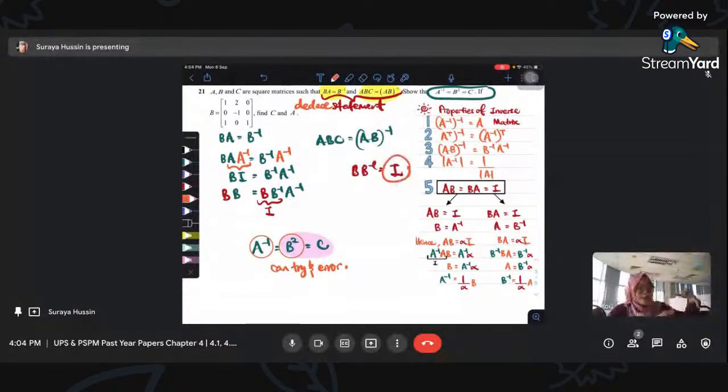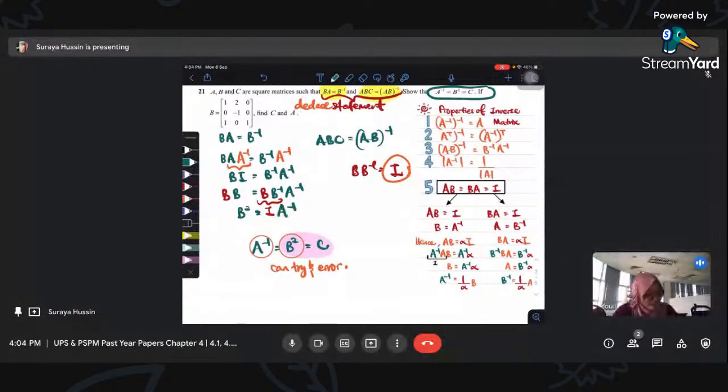You must aim to use anything until you meet with an identity matrix. That's all it is. So now you have met with the identity matrix, and so you will get B squared is equals to A inverse.